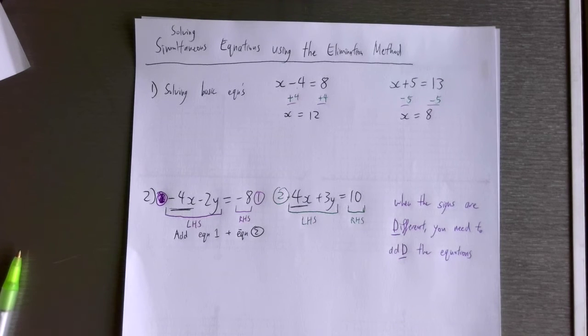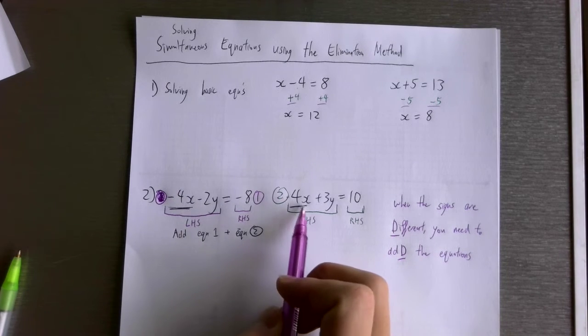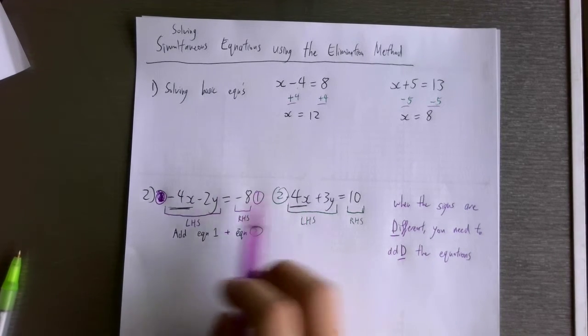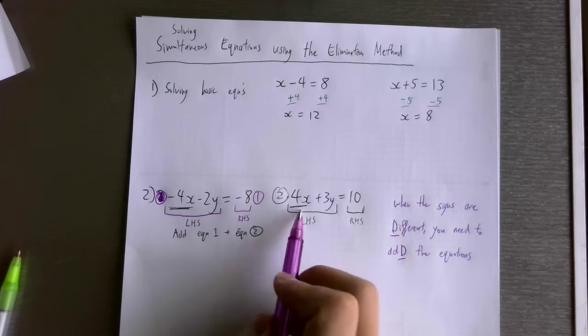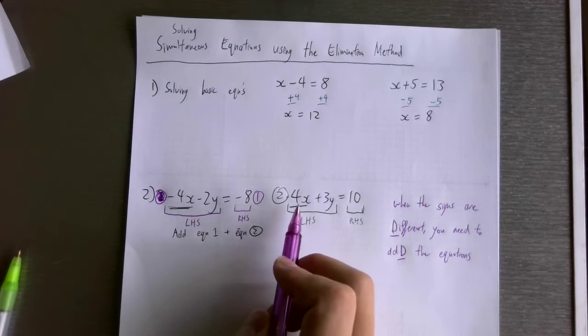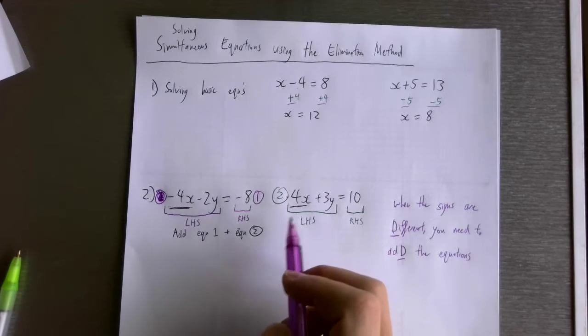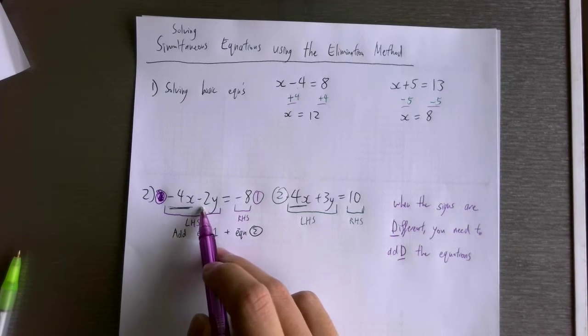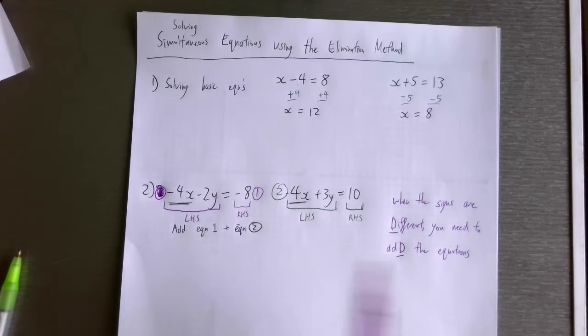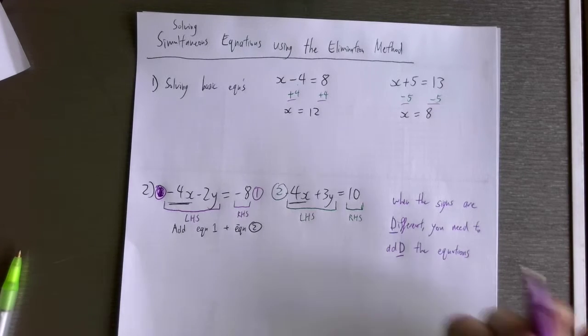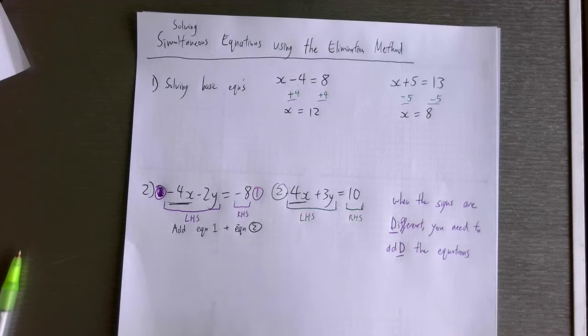Now, we are trying to eliminate our x's because they're the same size. If we add 4x with negative 4x, we can see that it cancels out. If we add negative 2y and positive 3y, we'll be left with something else. So we are not eliminating y's, we're actually eliminating x's at this stage.